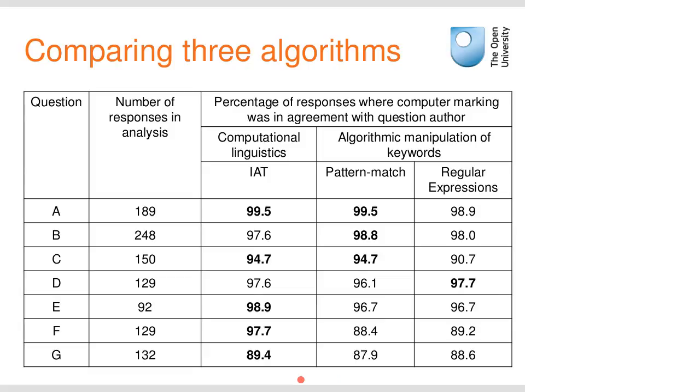And another way you can match text is something called regular expressions, that computer programmers like. So having shown in principle that this was possible, they had a match-off between these three technologies, and this research was done a bit later.